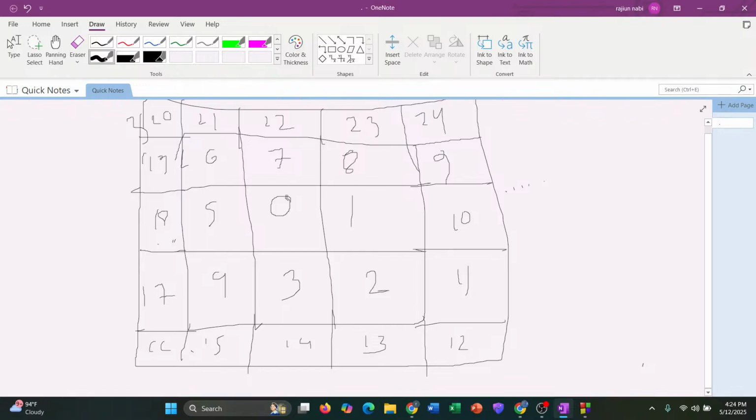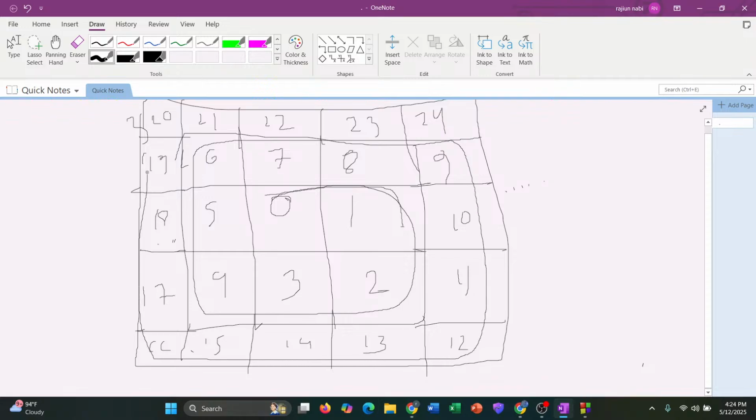So notice that the pattern goes in a spiral direction like this: 0, 1, 2, 3, 4, 5, 6, 7, 8, 9, 10, 11, 12, 13, 14, 15, 17, 18, 19, 20 up to 24.